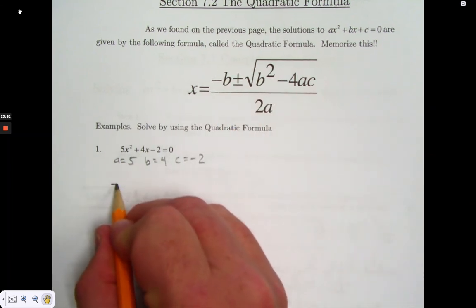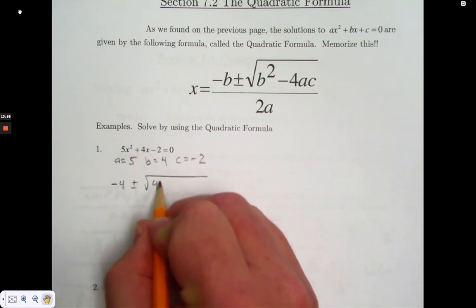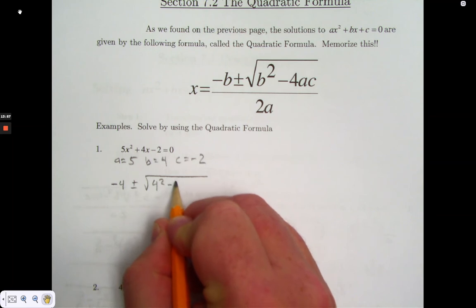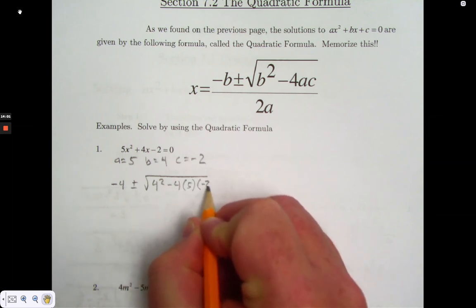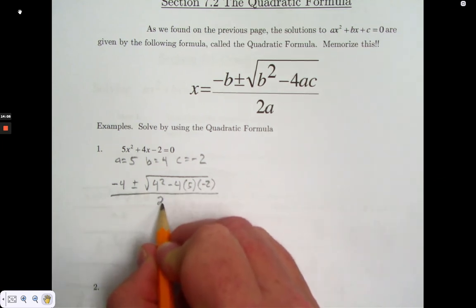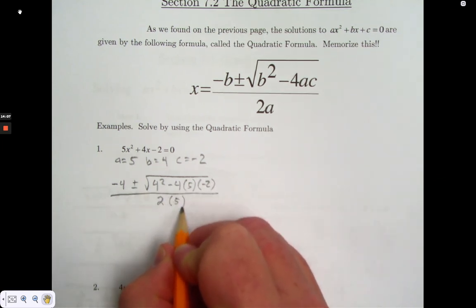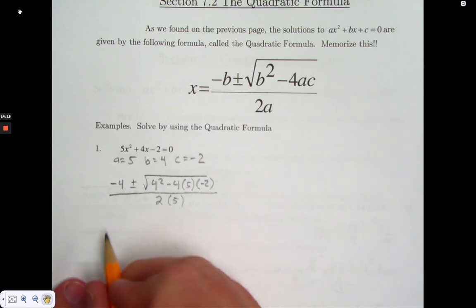So this would be negative 4 plus or minus the square root of 4 squared minus 4 times 5 times negative 2, all divided by 2 times 5, because that's our A value. From this step to the end, a lot of kids will skip a bunch of steps, and that's okay, just as long as you do it correctly.